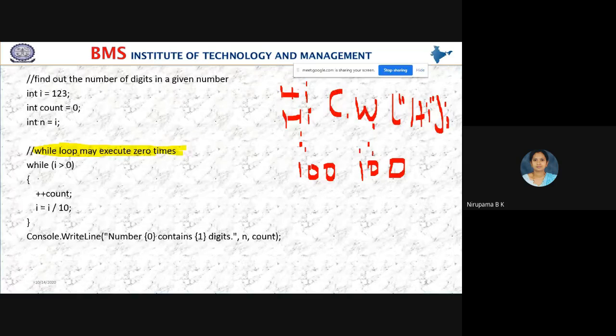So to overcome the drawback of this, we have a looping statement. In the looping statement, we write a condition. Unless the condition becomes false, whatever statements are there in the body of the loop will be executed.